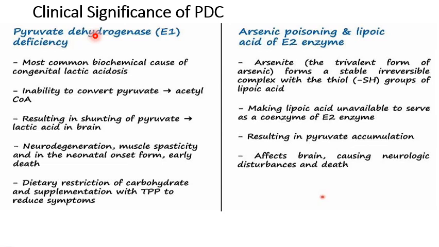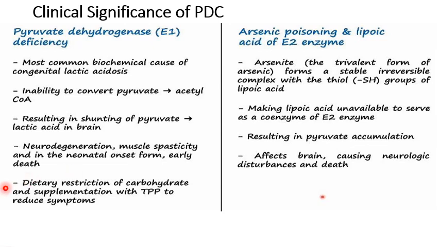That is what is responsible for lactic acidosis. It is the inability of pyruvate to be converted to acetyl-CoA because pyruvate dehydrogenase is not really available. When this happens in the brain, the acid level in the brain increases, leading to neurodegeneration, and sometimes, even in children, it can lead to death.